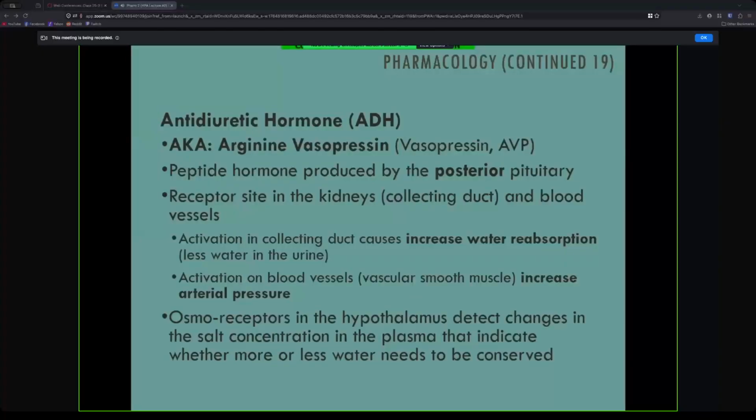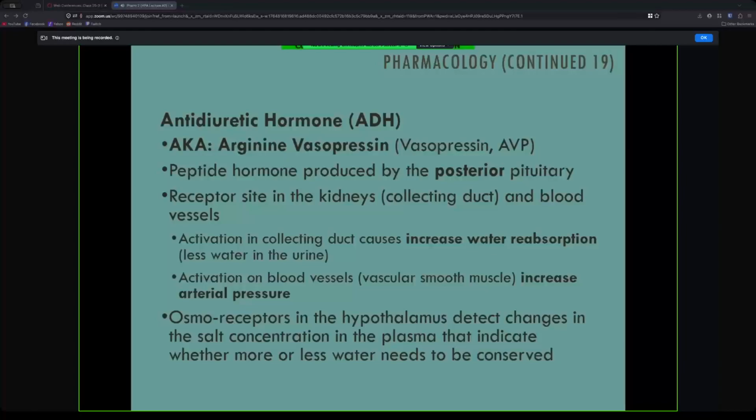So we're going to start off with antidiuretic hormone, ADH, also known as arginine vasopressin, vasopressin, or AVP. You'll see those terms used interchangeably, so just make sure you're aware that arginine vasopressin, vasopressin, and AVP all refer to antidiuretic hormone.